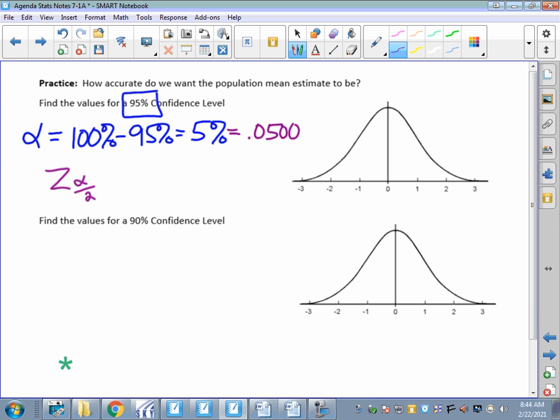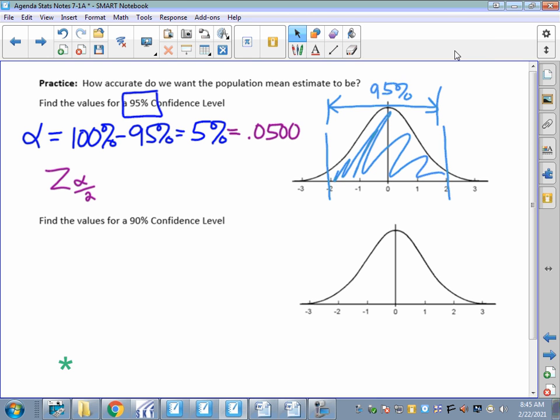So basically what we're saying is if we want to be 95% confident, this is 95%. So I have 5% left for either of these two tails.